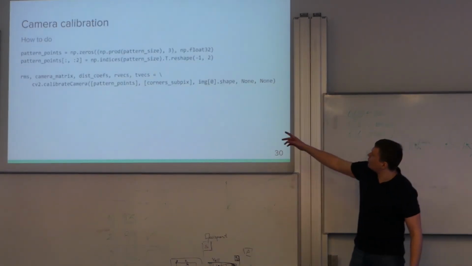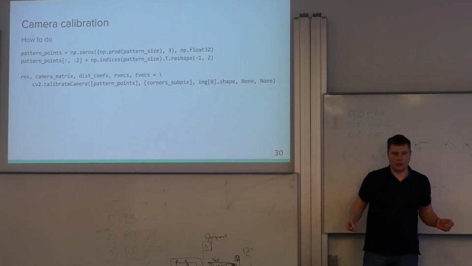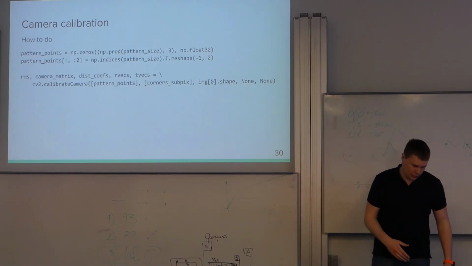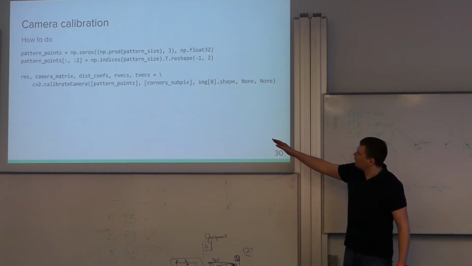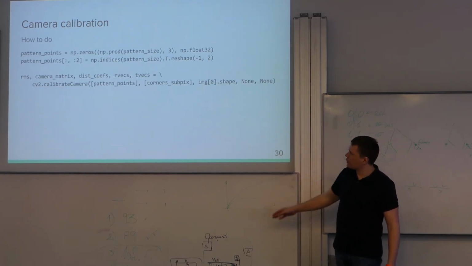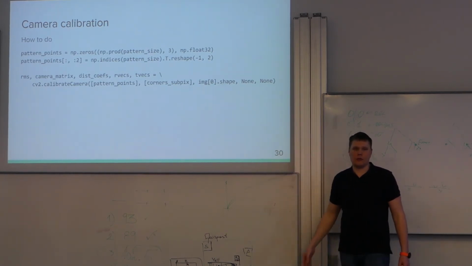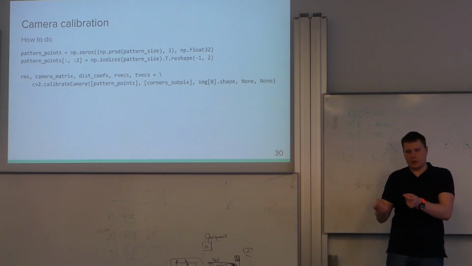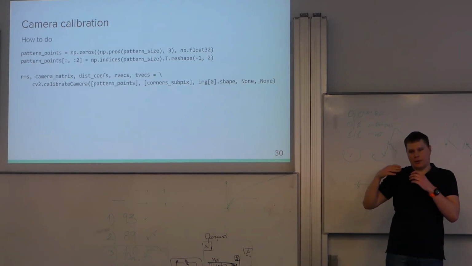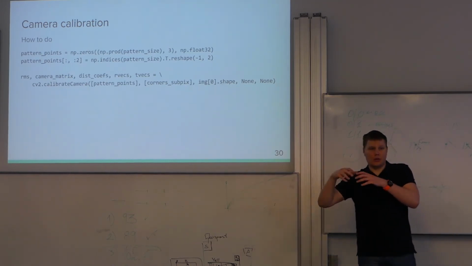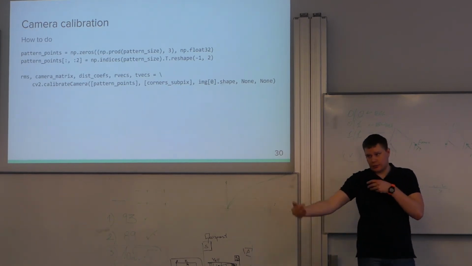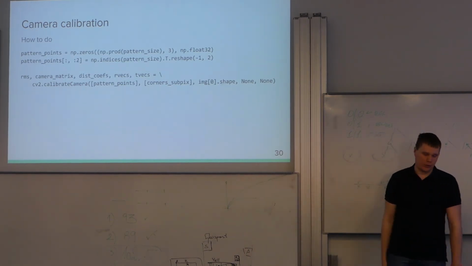Also, it returns distortion coefficients, a vector of coefficients describing how our lens distorts the image, and a list of rotation vectors and translation vectors for each pattern. Because we said that our square size is 1, our function can restore the actual 3D position and rotation, how the pattern was placed in front of the camera.